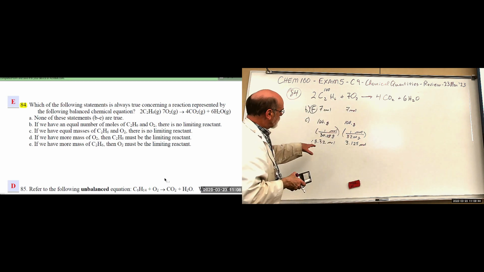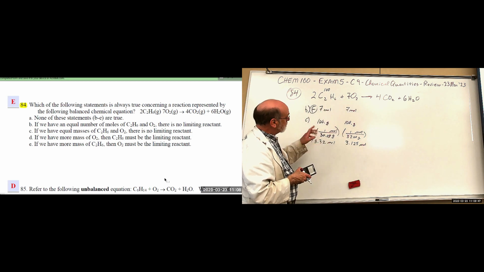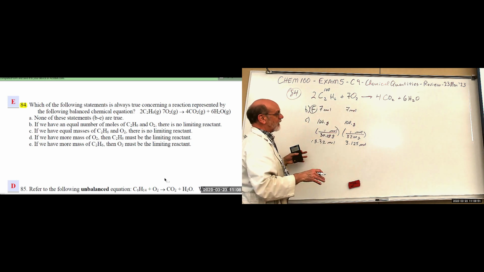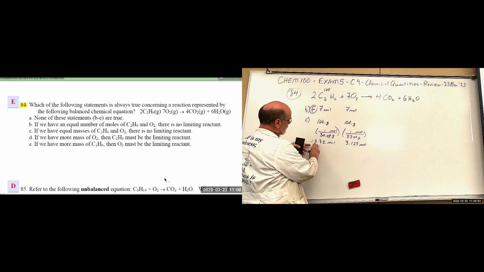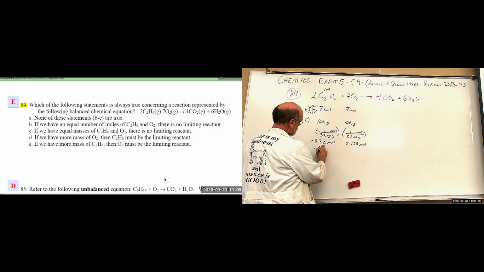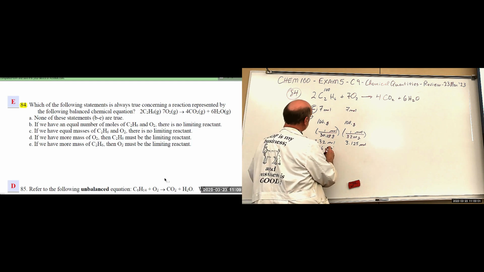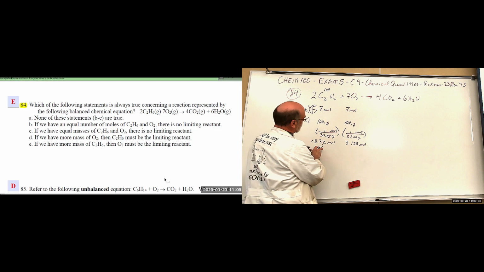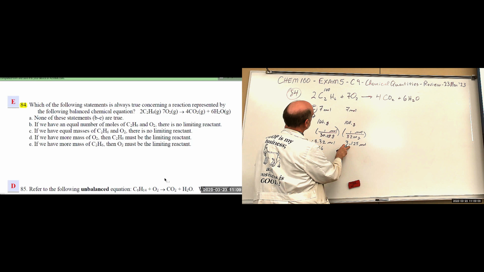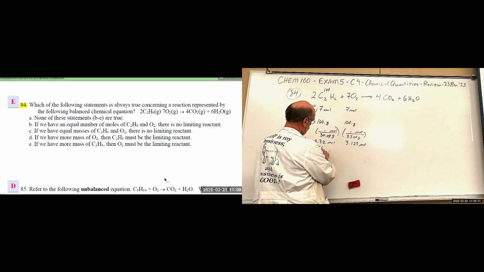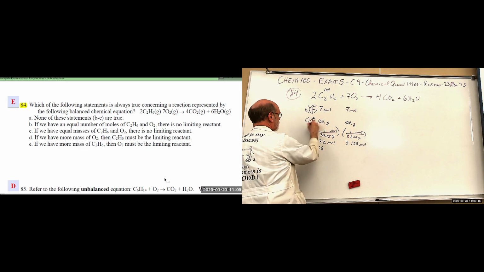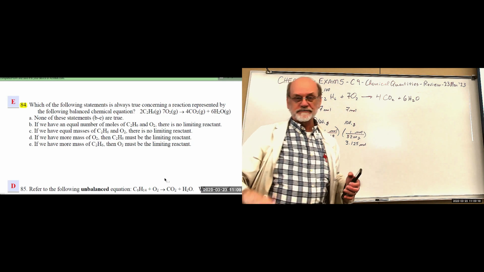So we've got almost the same amount of moles, but for every 2 of these, you need 7 of those. So who's going to run out? If this represents 2, then 1.66 here would be related to what? One of those requires 3.5 of these. So this one's going to run out first. So that statement's false.